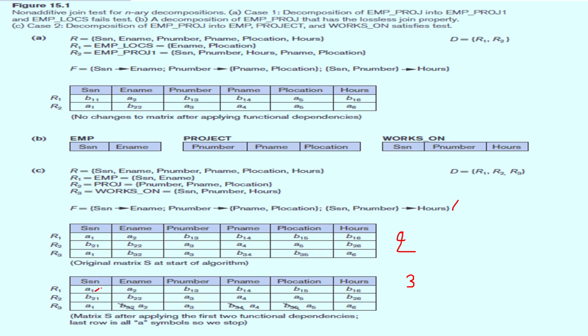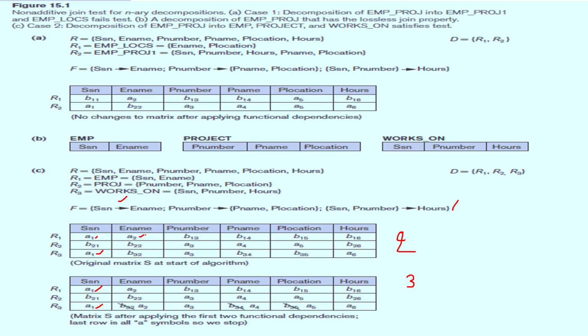In the first tuple and the third tuple, that is the first row and third row, the SSN value is the same, A1 and A1 here. So in any two tuples, if the SSN value is the same, then the E name value must be the same, because that is what the functional dependency definition itself tells.